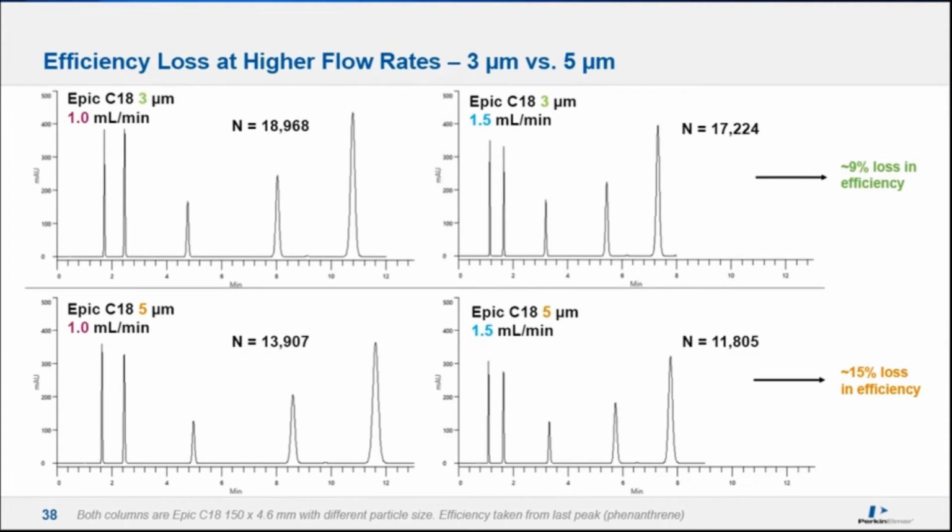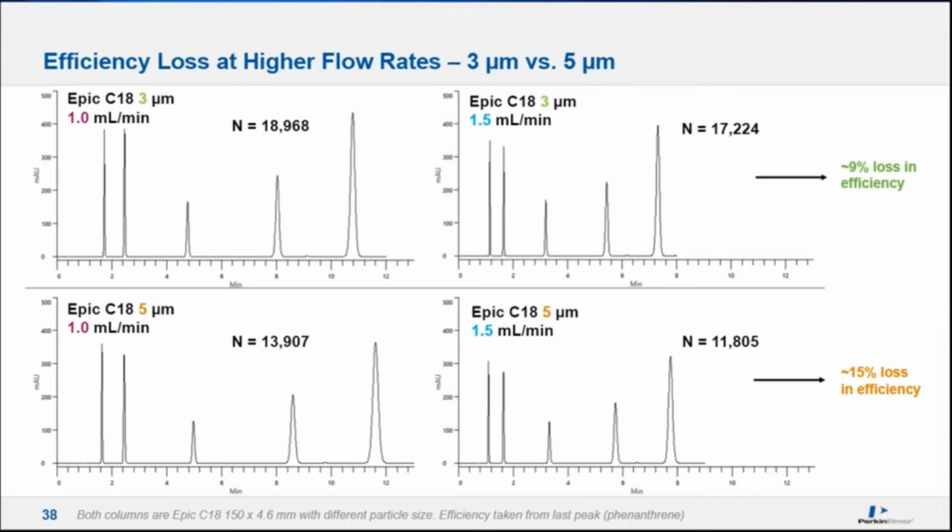In the upper chromatograms, we could see a 3 micron particle, again, run at 1 mL a minute. We get almost 19,000 theoretical plates for our separation, and this is represented by very sharp peaks. If we now increase the flow to 1.5 mL a minute, we do lose some sharpness, but it's a 9% loss. Again, these are 3 micron particles.